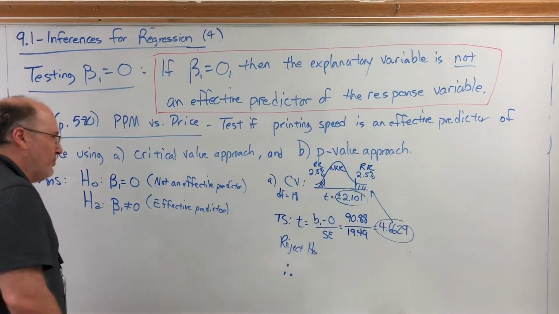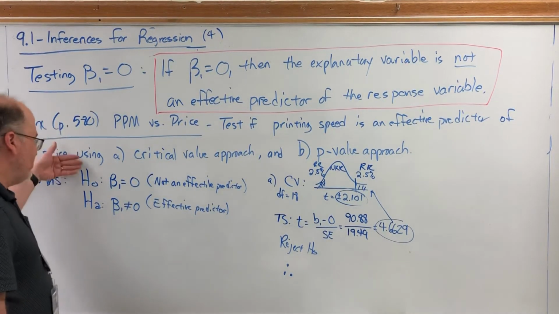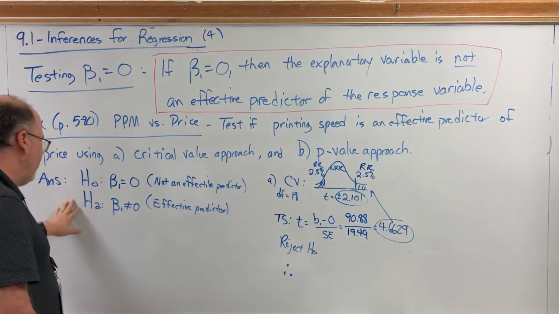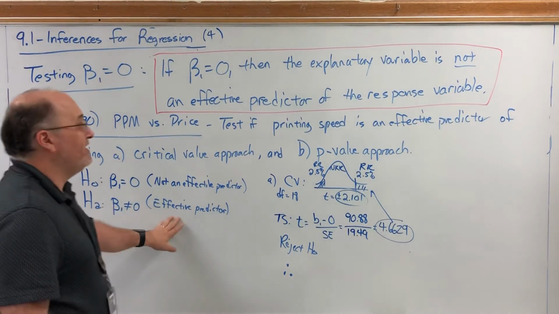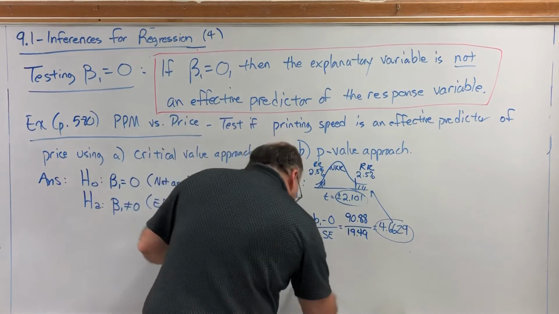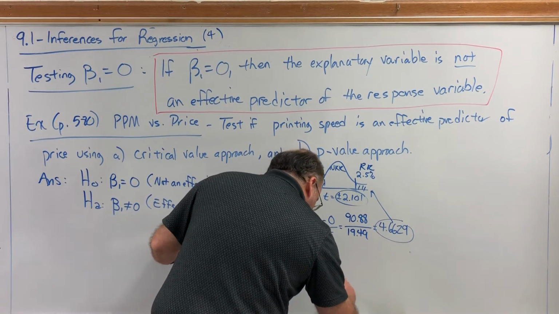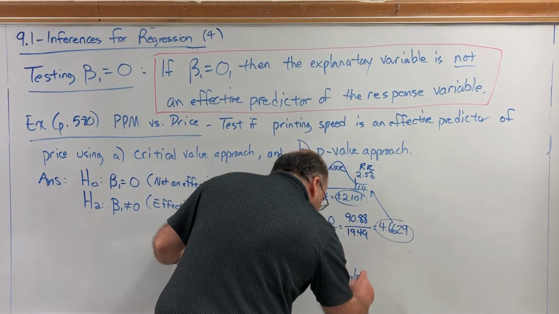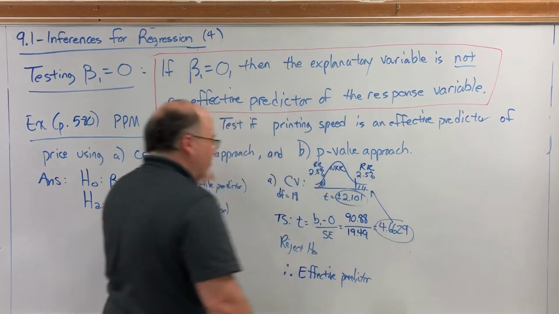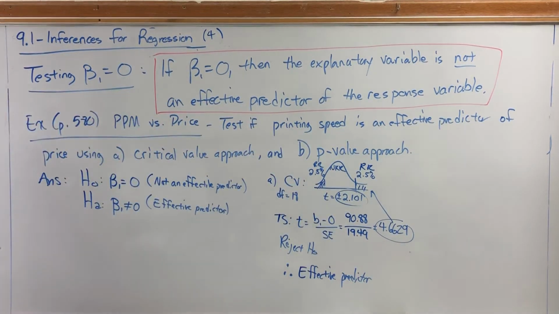And what conclusion do we draw? Since we reject the null hypothesis, we're accepting the alternative in its place, which means that it's an effective predictor. We can just say effective predictor for the sake of brevity, since the context was already established up here. So that's if you took the critical value approach.